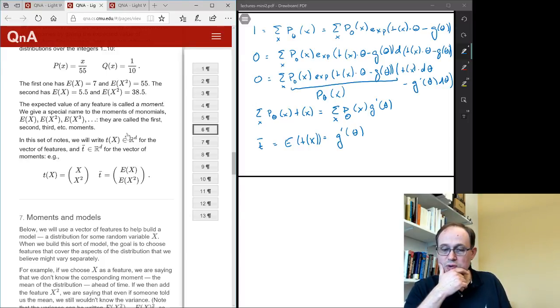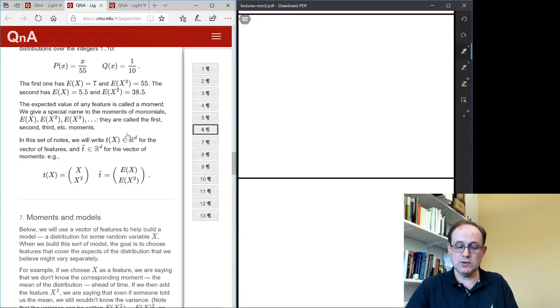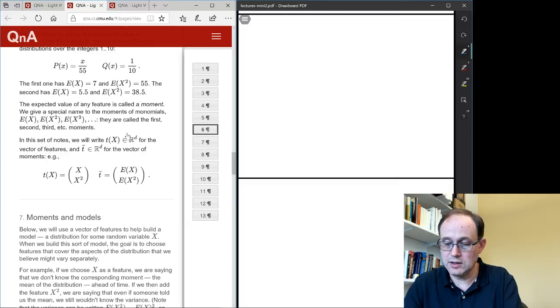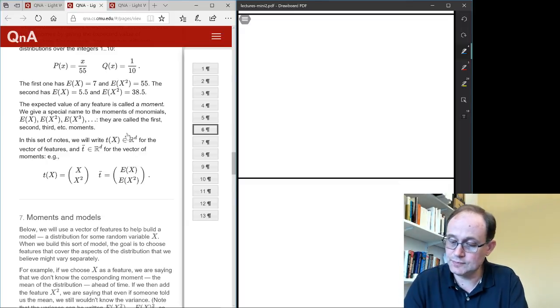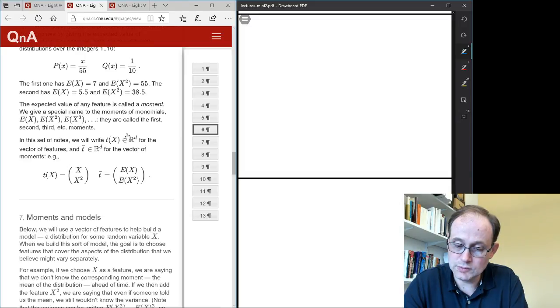I wanted to also do an example of maximum entropy. So let's write that up. Let's suppose that we have a random variable x which takes values on the integers 1 to 3.